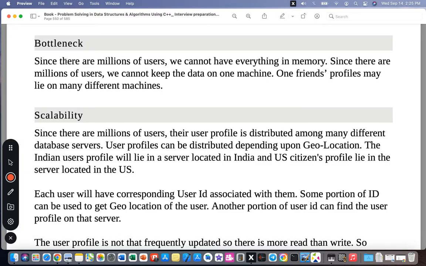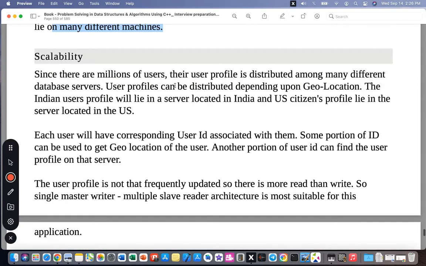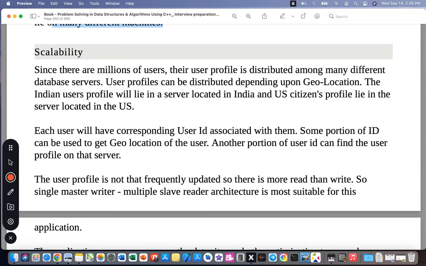What are the bottlenecks? There are millions of users, so we cannot have everything in memory. We cannot keep the data on one machine. One friend's profile may lie on many different machines. This is the bottleneck. To solve it, since there are millions of users, user profiles are distributed among many different database servers.